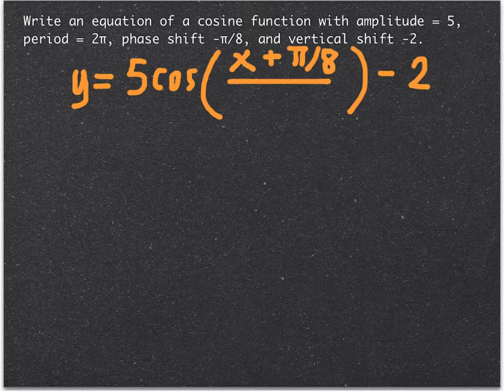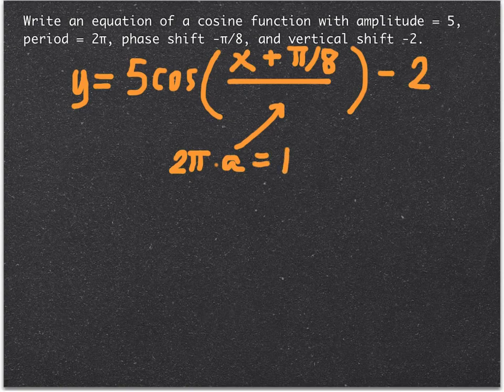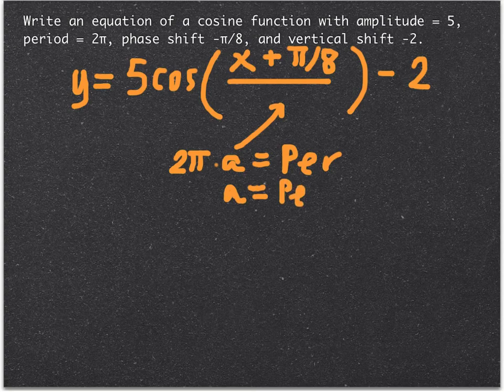Well, remember that that period, it says, is going to be 2 pi, and as we remembered that 2 pi times a equals the period, or a equals the period divided by 2 pi. And so if, I'll just write it like that, a is going to equal the period divided by 2 pi.